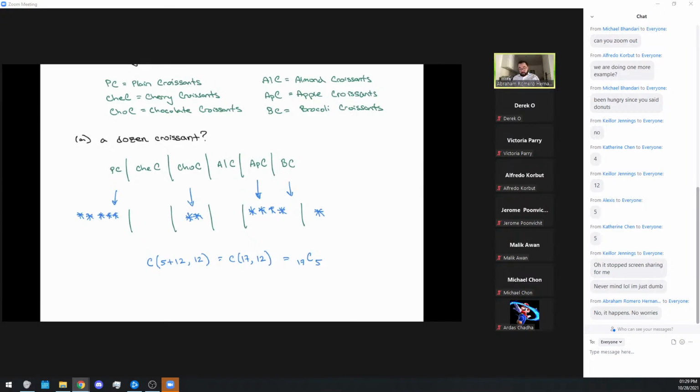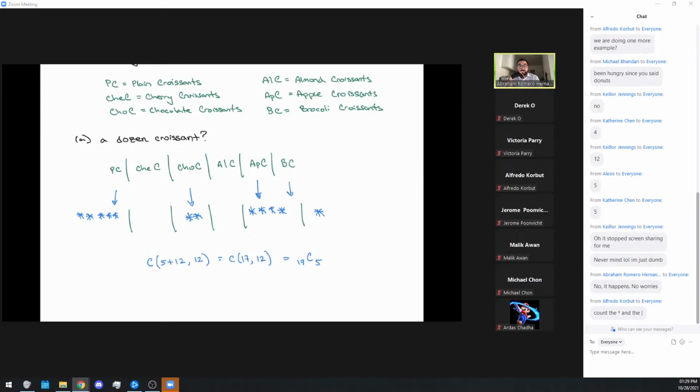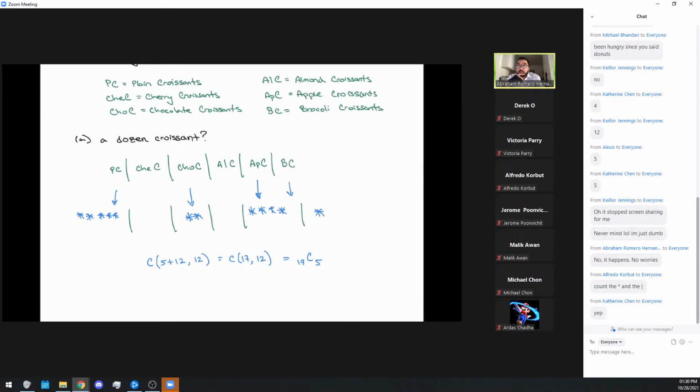Does that make sense? Of course, I'm going to do a couple more, but does that make sense? Any questions? So I'm counting the asterisks and the vertical lines, pretty much. Yes, I'm counting those. That's really what it comes to, because I'm just organizing all of these.